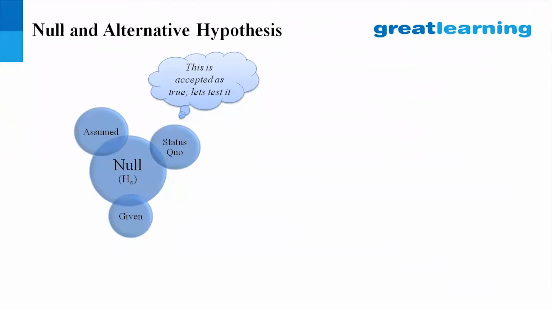Everywhere you've anyway accepted, when you're paying 35 rupees to buy that bottle, that it is actually giving you 600 ml. You've accepted it to be true. Now you want to test it. So this will be called the null hypothesis.